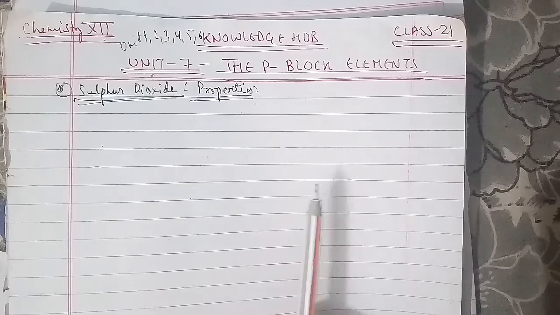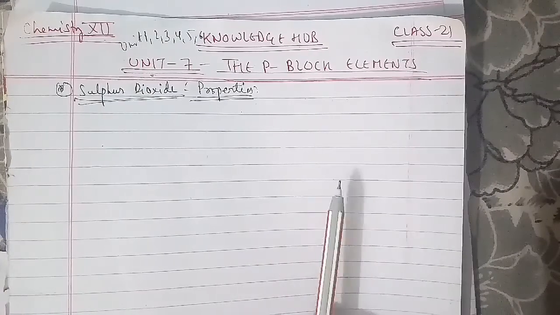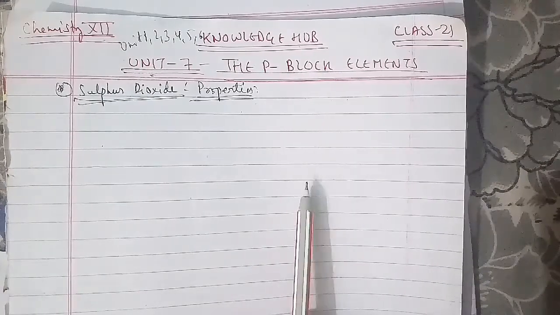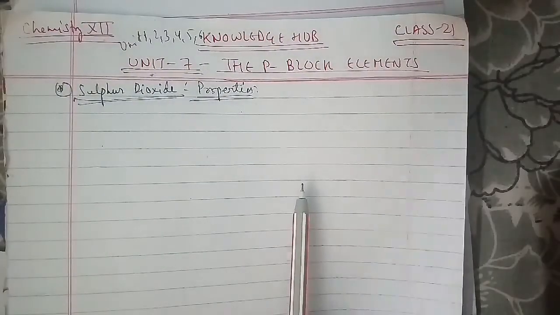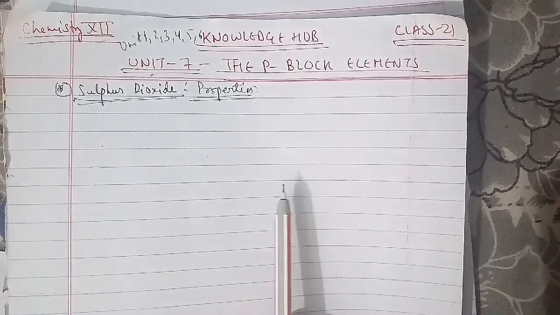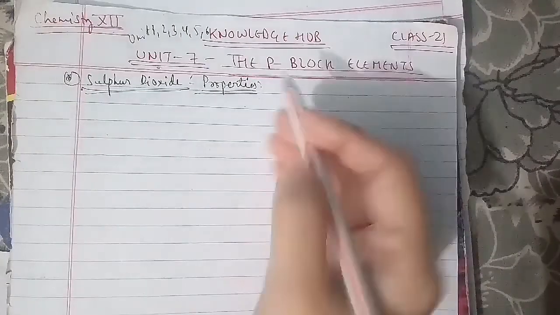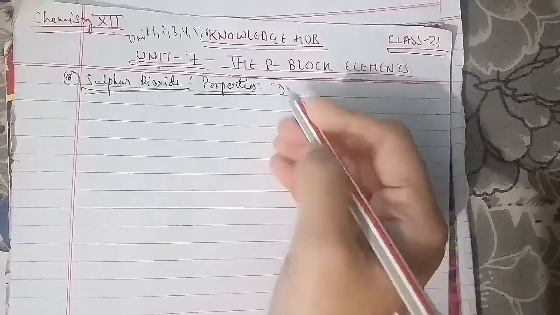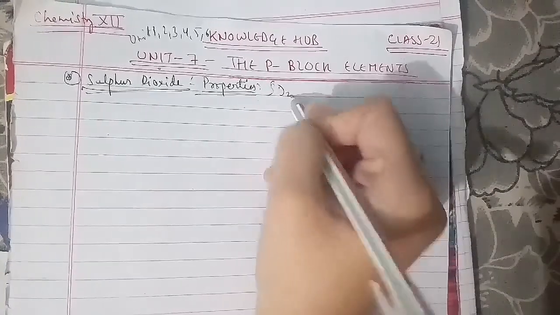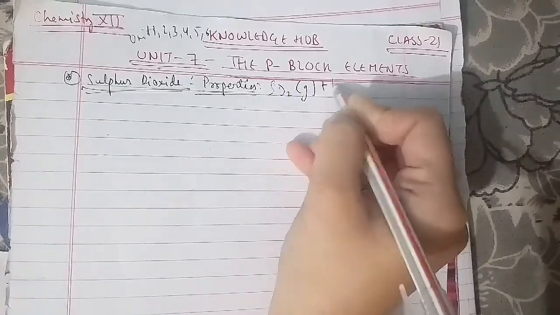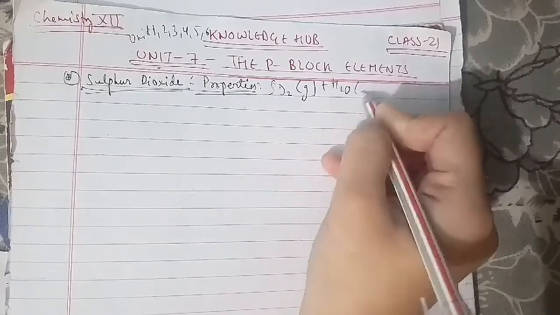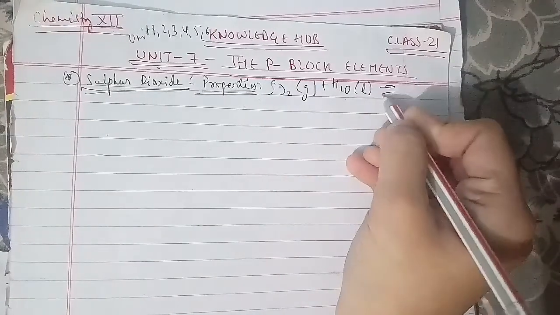Sulfur dioxide, when passed through water, forms a solution of sulfurous acid. That is SO2 gas plus H2O liquid will give H2SO3 in aqueous form.